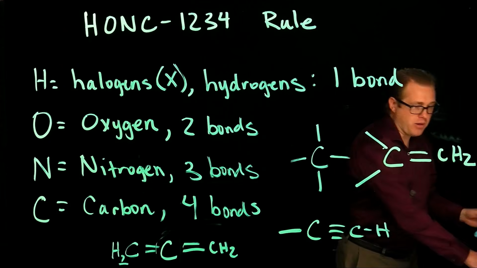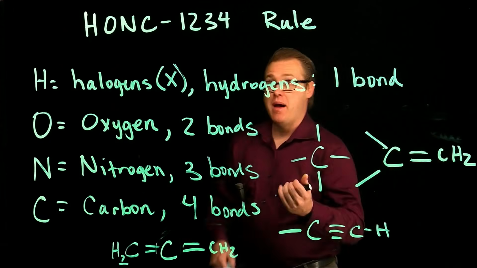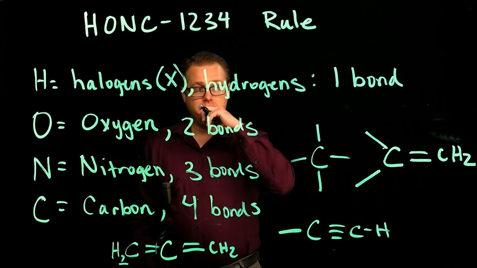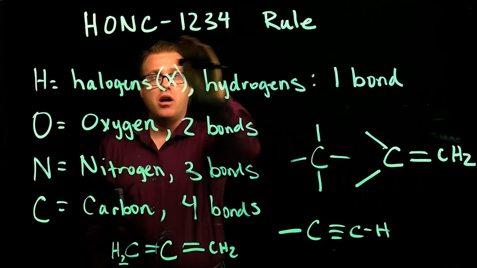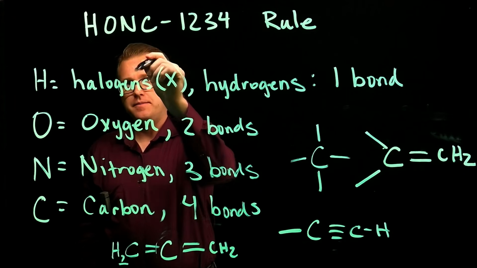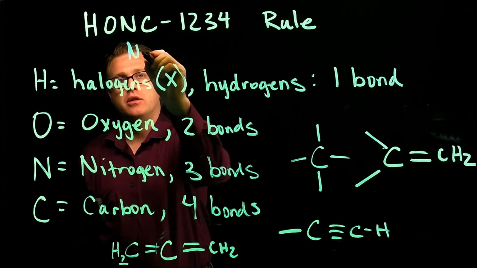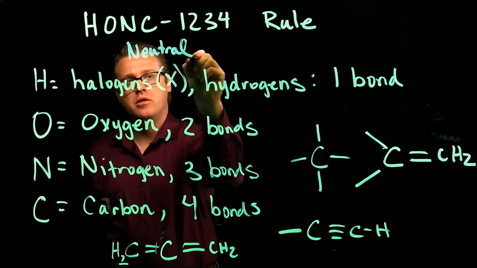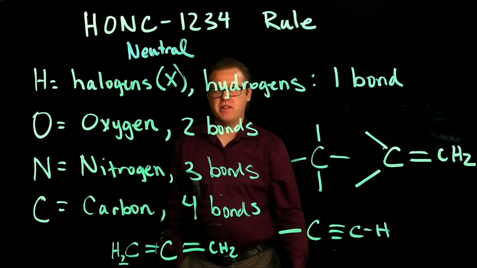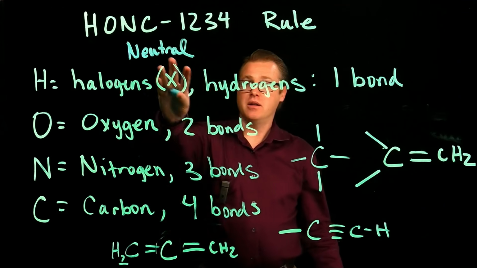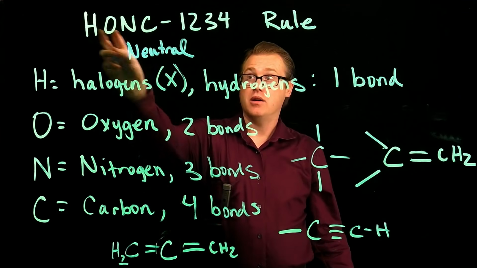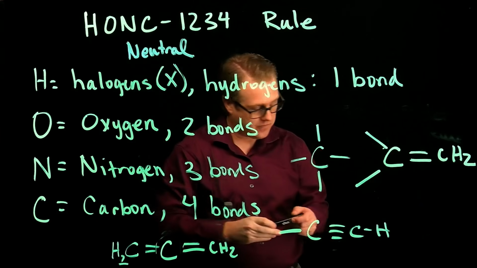Now this is very important to know and remember that this HONK rule only works when the molecules are neutral. They have to be neutral in order for this HONK rule to work.